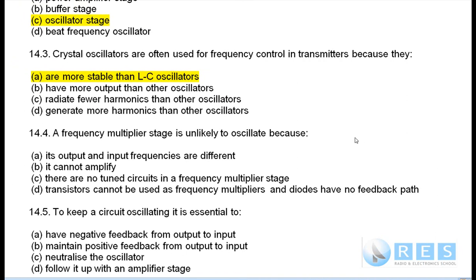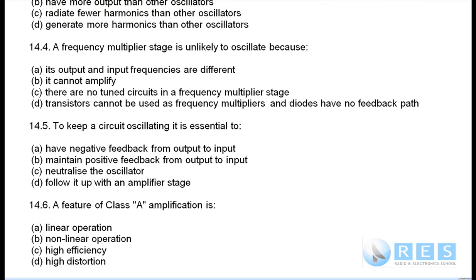Question 14.4. A frequency multiplier stage, that means a doubler, a tripler, or a quadrupler, doubles, triples, or quadruples the input frequency. So a frequency multiplier stage is unlikely to oscillate because the input and output frequencies are different.